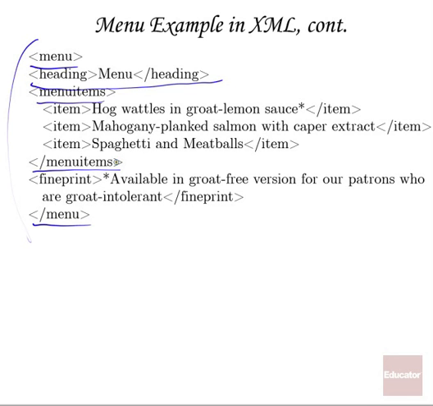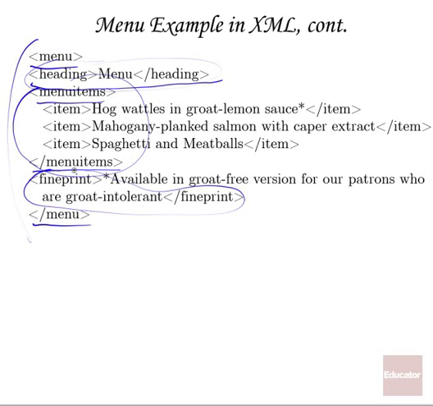So what I could do then is I could provide instructions. I could say I would like the heading, meaning this part here, to be big and cursive. I would like the menu items to have bullet points, and I'd like the fine print to be small and italic. This way, if I'm dealing with some kind of computer styling program, it can apply those instructions.